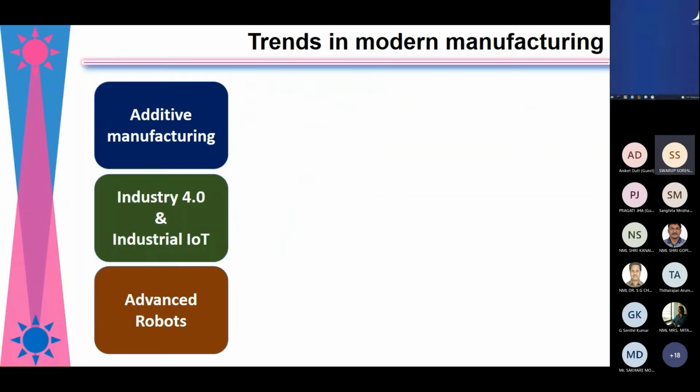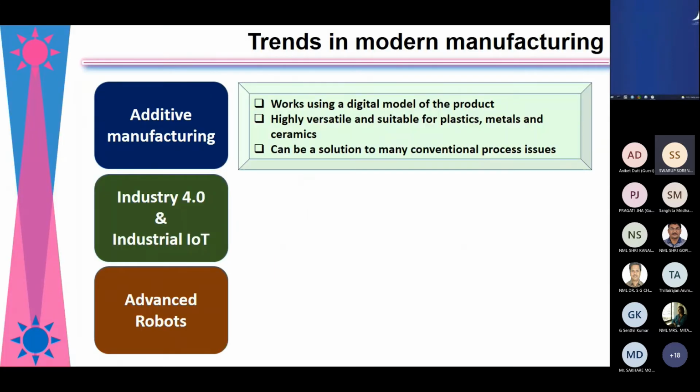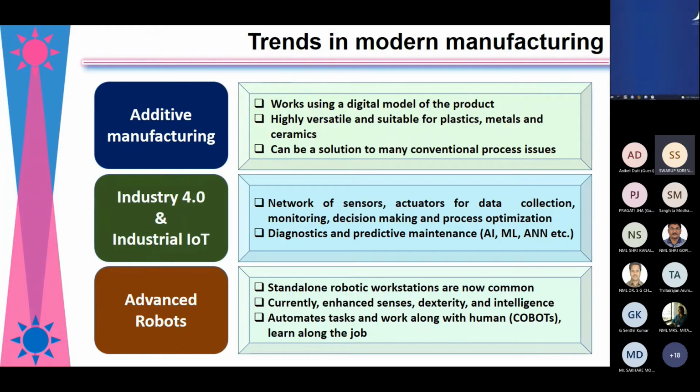And these are supported by different techniques: you have additive manufacturing, you have the new industrial revolution, you are getting Internet of Things within the industries, and there is advanced robotics. We call them cobots, that are collaborative robots.